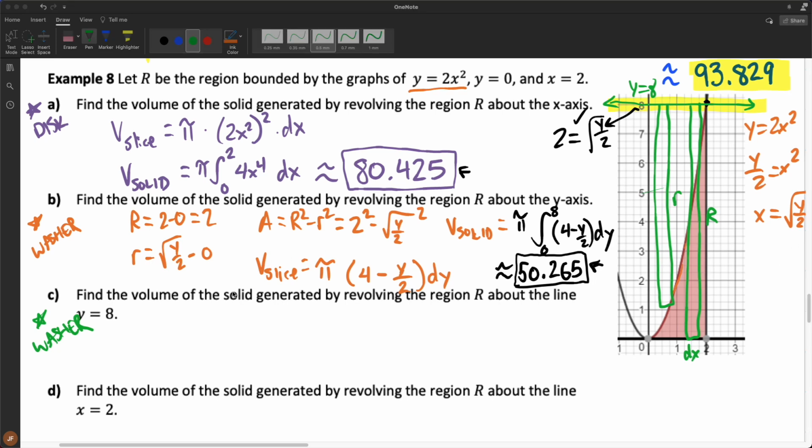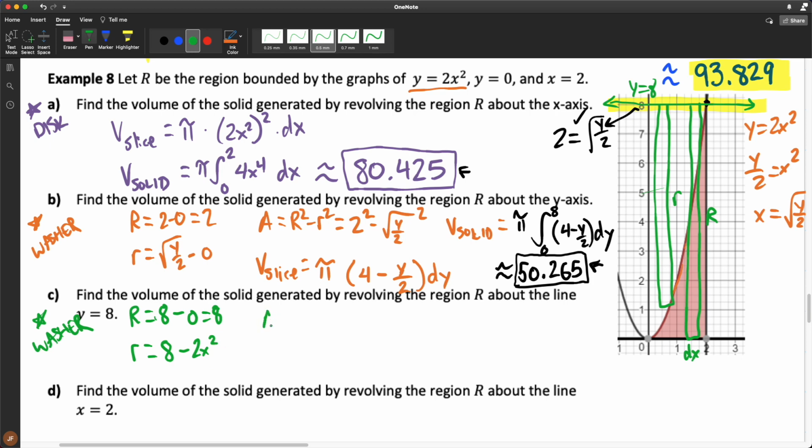Okay, so capital R, if we go top minus bottom, then top is that y equals 8, minus the bottom is y equals 0. It's going to be a solid 8. Little r, top minus bottom is going to be 8 minus, and then this curve here is from that y equals 2x squared. So there's our little r.